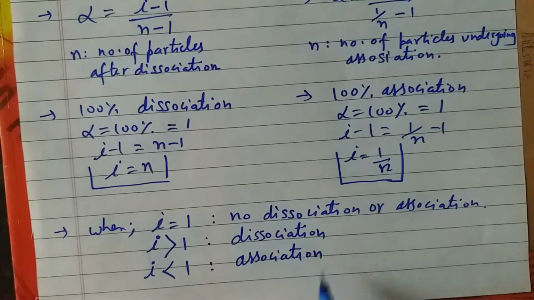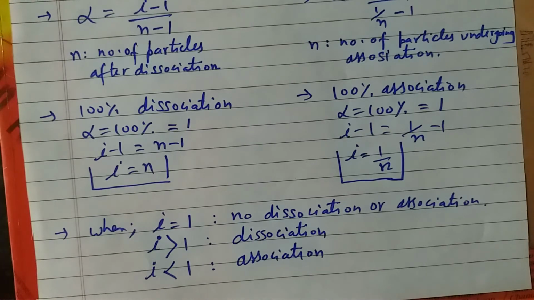So through the value of the Van 't Hoff factor, you can identify if there is association, dissociation or nothing taking place in the solution. So when Van 't Hoff factor is 1, no association or dissociation. When it is more than 1, it is dissociation. When it is less than 1, it is the case of association.